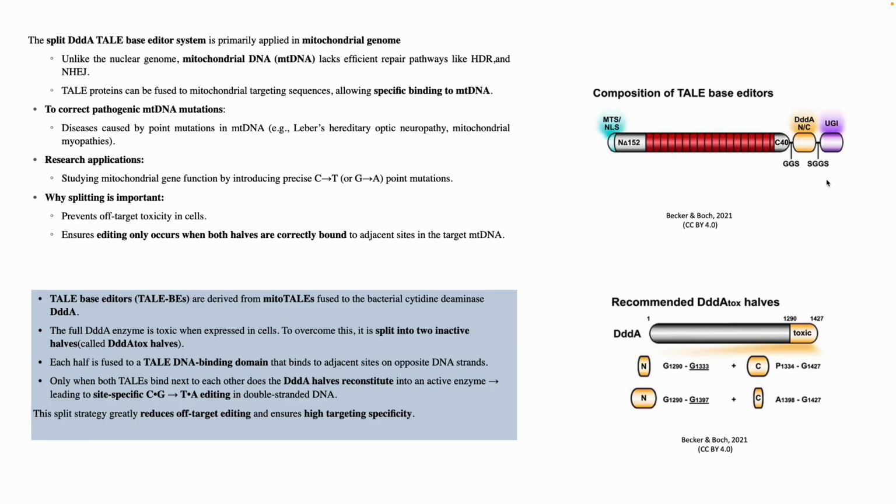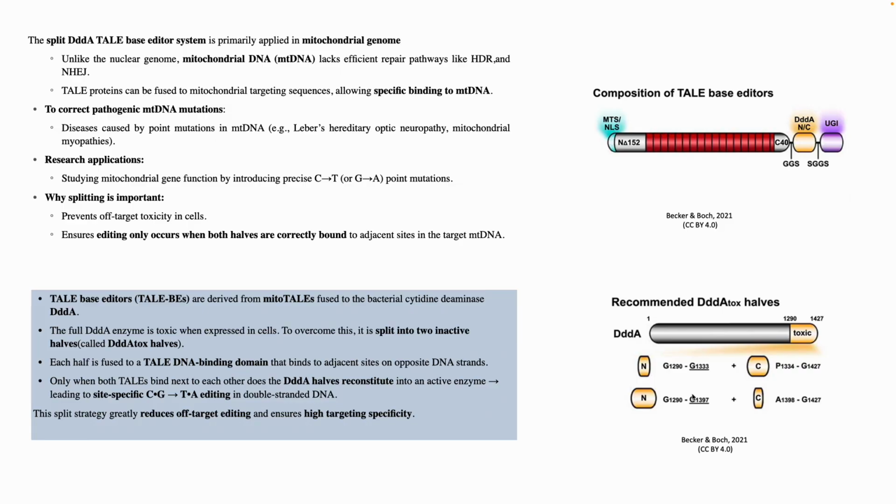So that is why these DddA are split, and one DddA goes and binds to one TAL protein, which binds to the upstream DNA site, and the other goes and binds to the TAL protein which binds to the downstream DNA sequence.